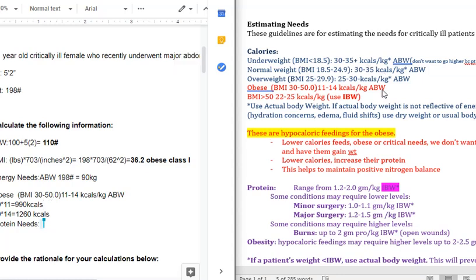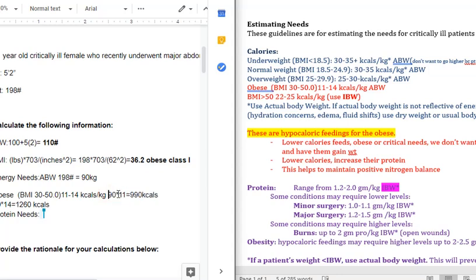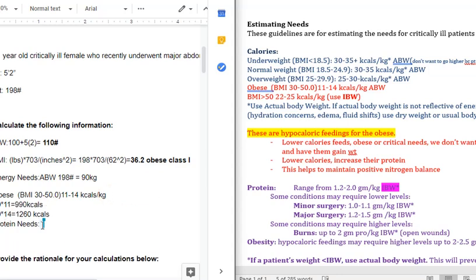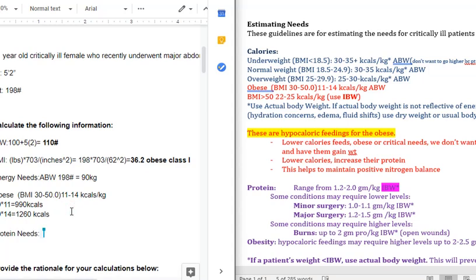Isn't this already like, because for minor surgeries it's just 1 to 1.2 to 1.5, but for obese it'll be 2 to 2.5, using ideal body weight.